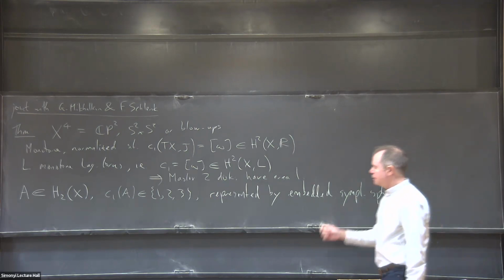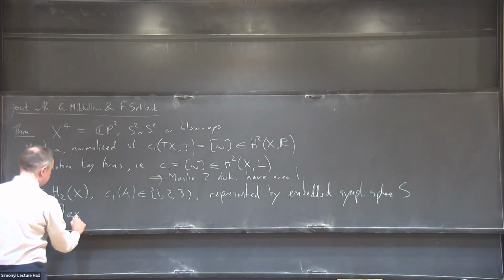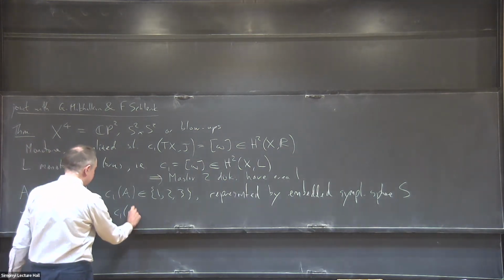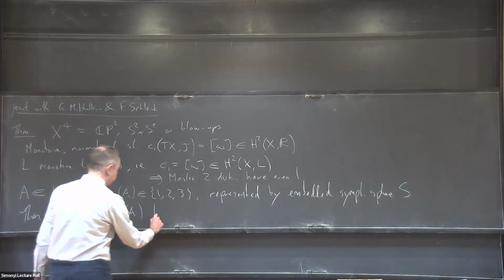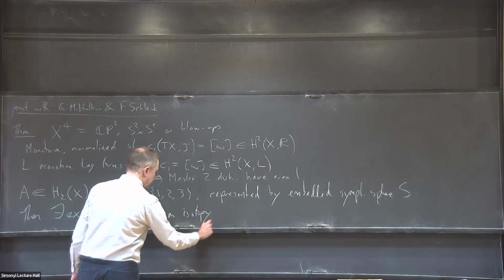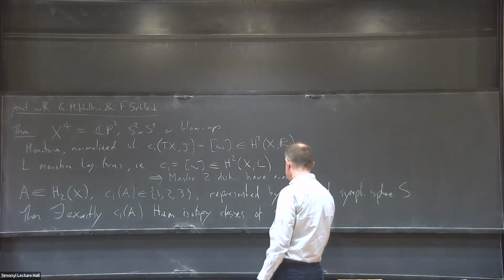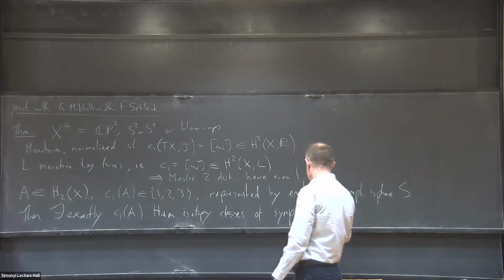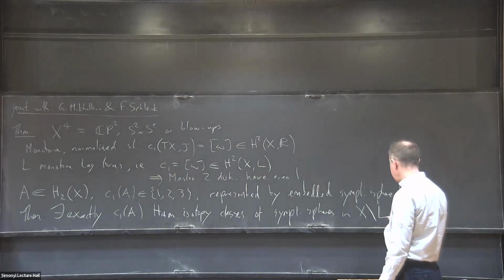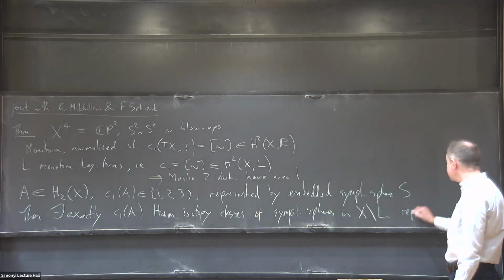Then C1 of A is a number, and there are exactly C1 of A Hamiltonian isotopy classes of symplectic spheres in X minus L representing this class.